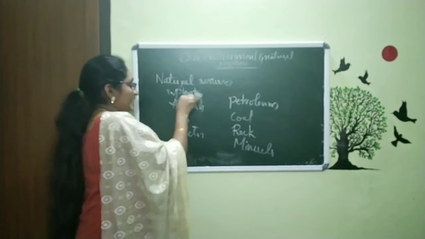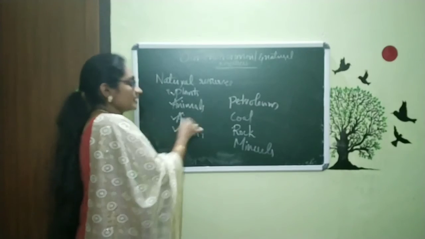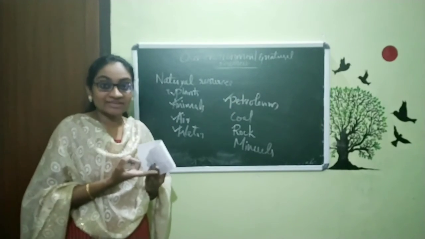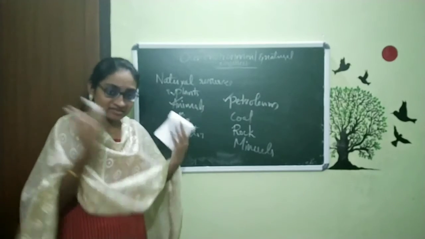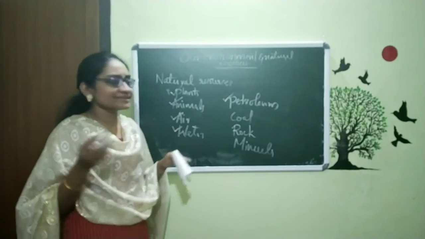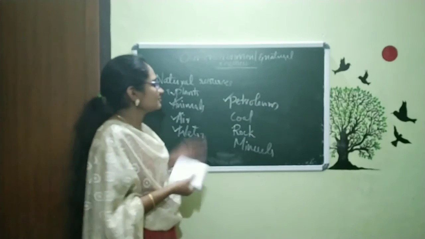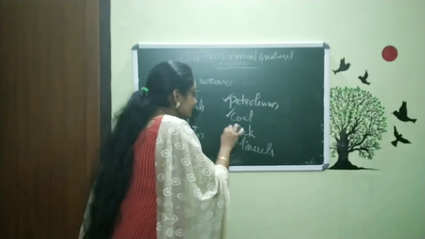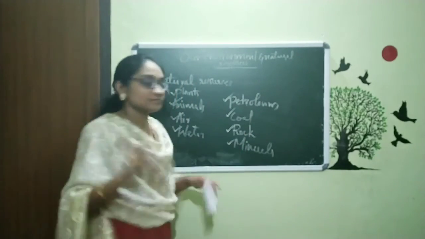Petroleum means petrol, diesel, kerosene, LPG, natural gas. Different things are there. You will study in detail in your higher classes. Now just understand this: petroleum, coal, rock, minerals, etc.